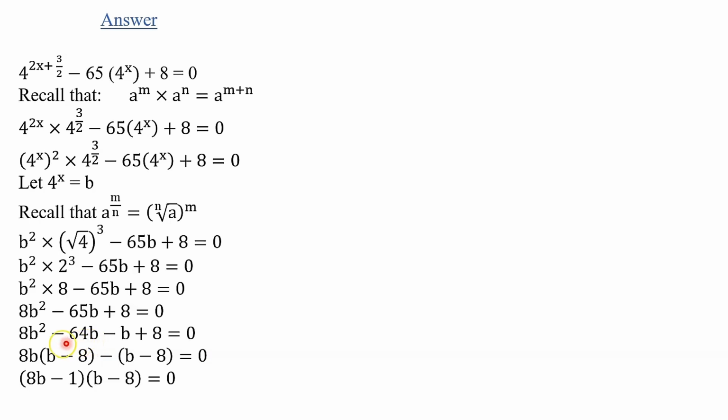You're left with b, so you put the b in your bracket, minus 64b divided by 8b is equal to what? 8, because we cancel b, then 64 divided by 8 is equal to 8. So you now write inside the bracket, minus b minus 8.